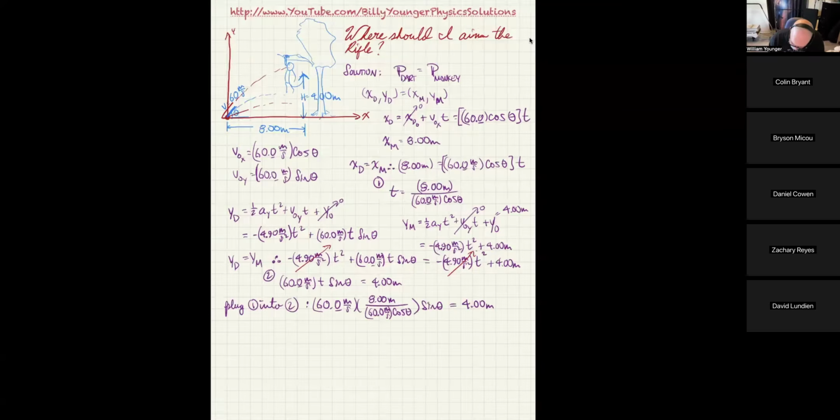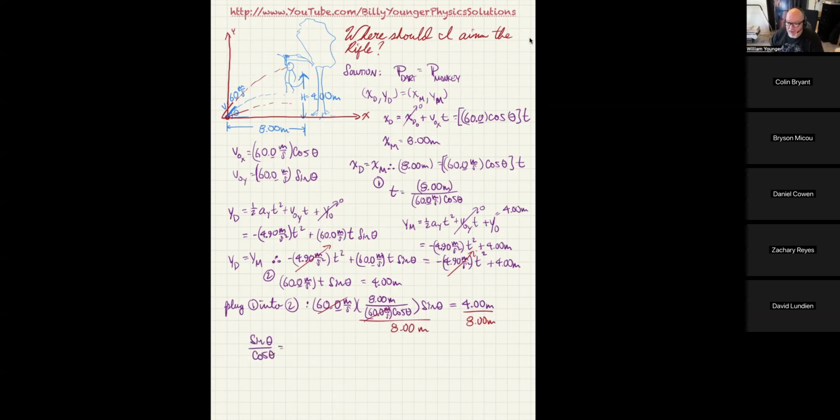Now what we can see is the 60 meters per second cancels out with the 60 meters per second, and I can divide both sides by 8.00 meters, and what I get is sine theta over cosine theta.